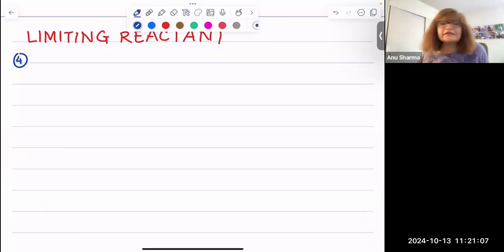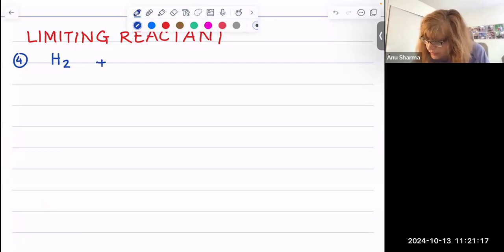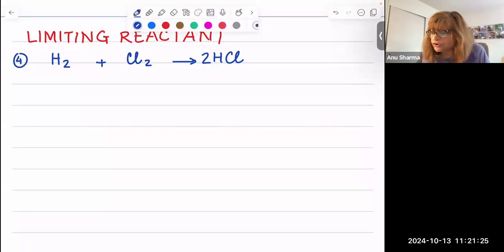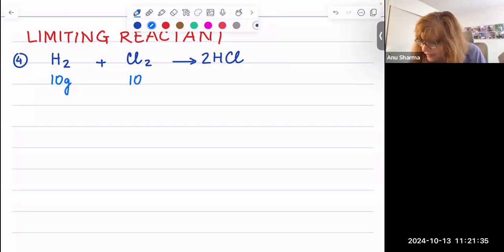Let's do a simple one. Let us say you are making HCl. So you take hydrogen plus you take chlorine, right? And that gives you HCl. So you balance it to 2 hydrogens and 2 chlorines. Now let's say you use 10 grams of hydrogen, and you are taking 10 grams of chlorine.